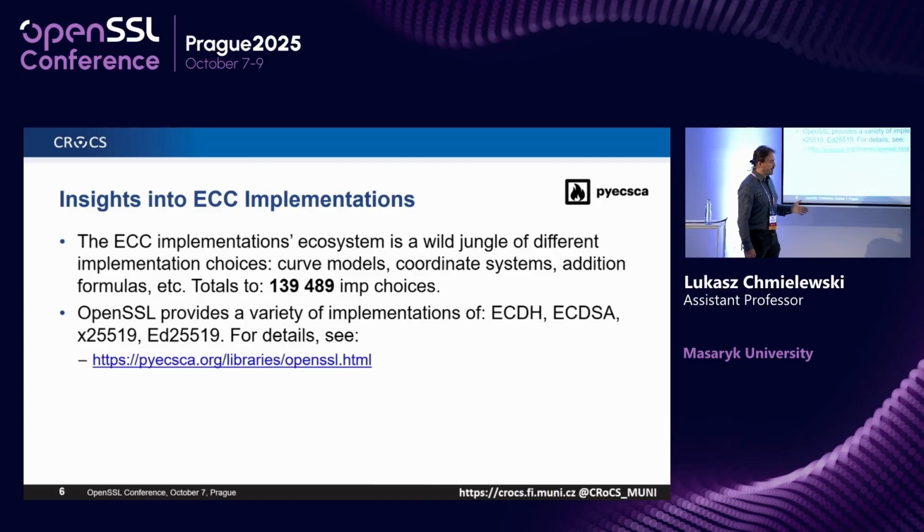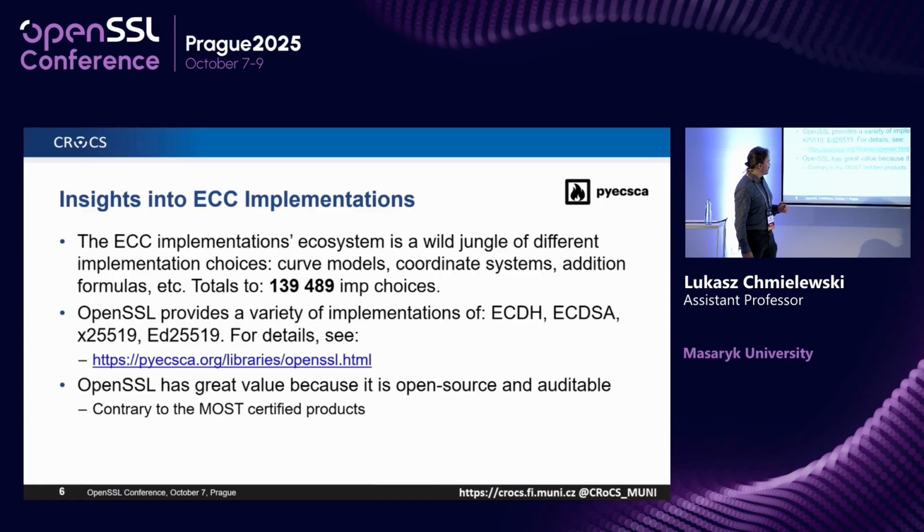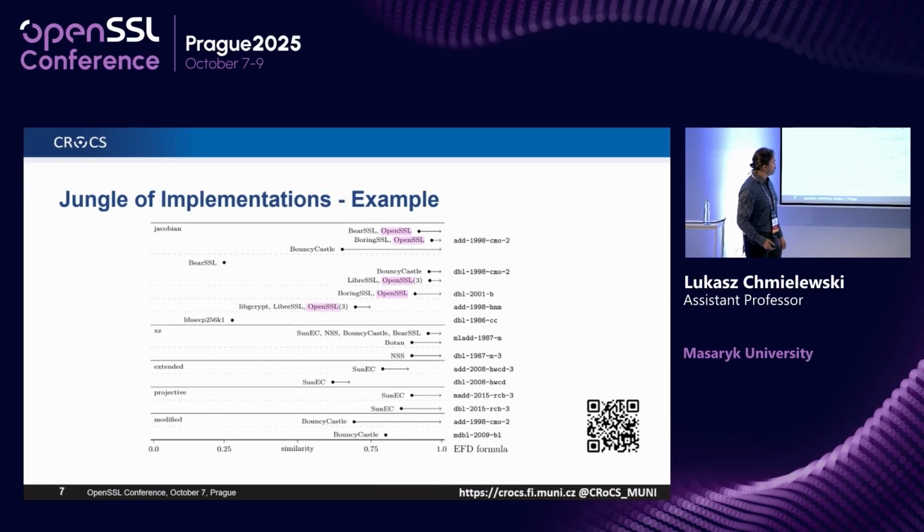OpenSSL provides a wide range of implementations with different types of formulas. And in general, what we also found out is that it has great value for us because it's open source, auditable, it is certified, and that's contrary to almost, okay, let's say most certified products that are closed source. So very often in certification, there is a plus to having closed source, and that's also a chance for us to find issues.